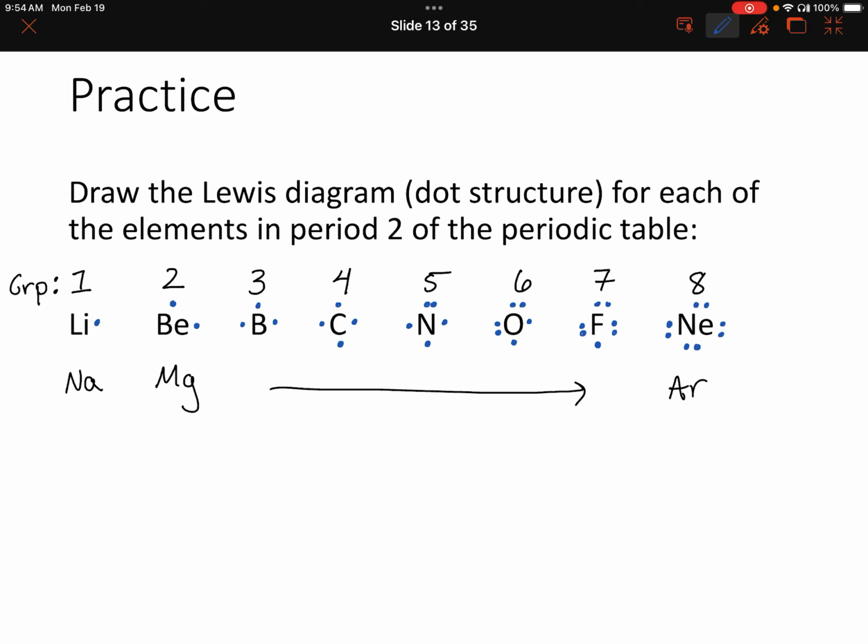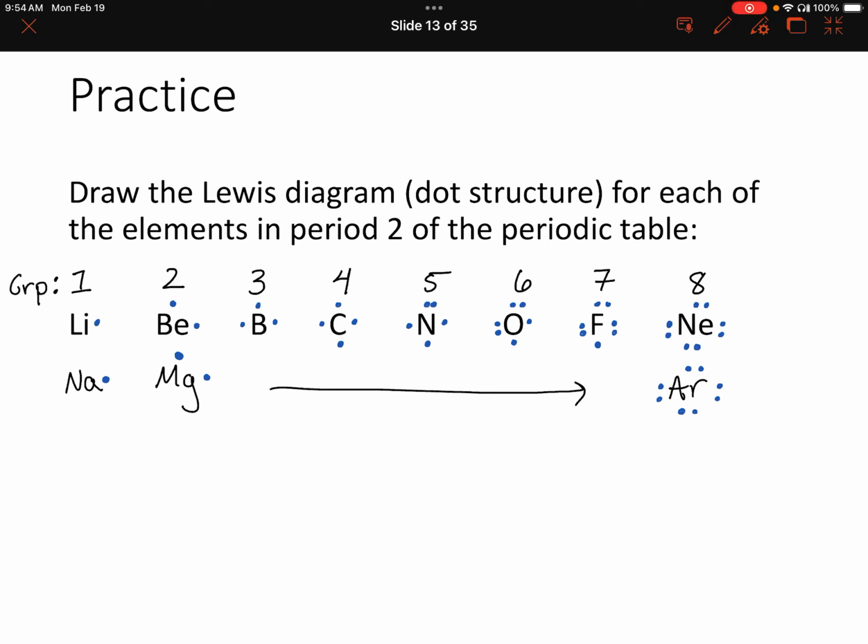So sodium would have 1 valence electron, magnesium has 2, and then if we go all the way across, argon has 8. So hopefully you're starting to see the trend here with our Lewis dot symbols and the number of valence electrons that each atom has.